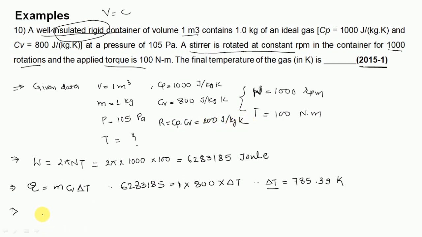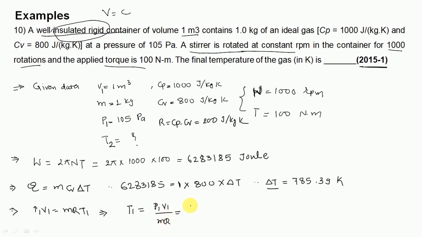So from that equation we can find the initial condition: P1 V1 is equal to m R T1. So we can find the value of T1 is equal to P1 V1 upon m R. P1 value is already given, V1 is given. Here we need to find the final temperature T2, so T1 we need to find first.